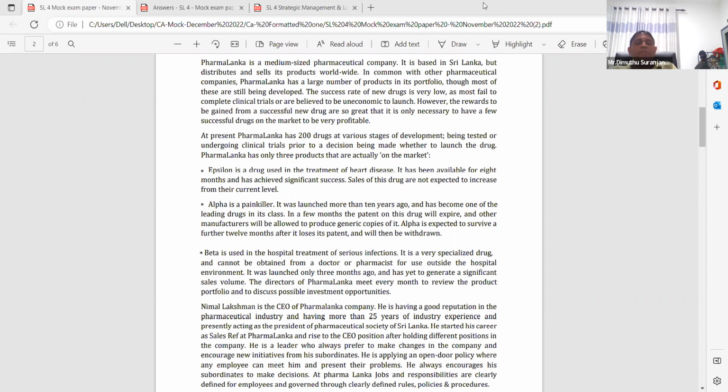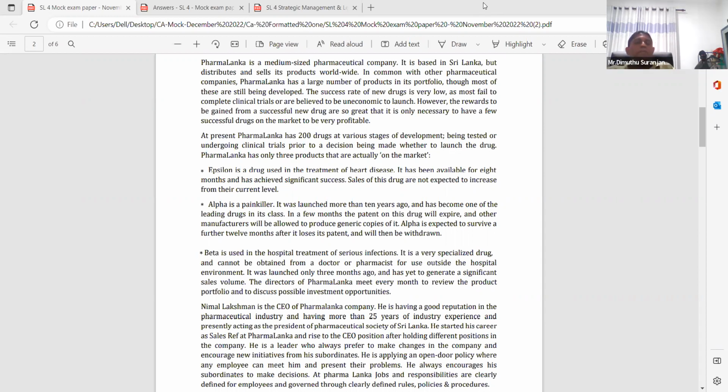In a few months, the patent on this drug will expire and other manufacturers will be allowed to produce generic copies of it. Alpha is expected to survive a further 12 months after it loses its patent and will then be withdrawn. This was in the market for more than 10 years. The patent right will expire within a short period of time.